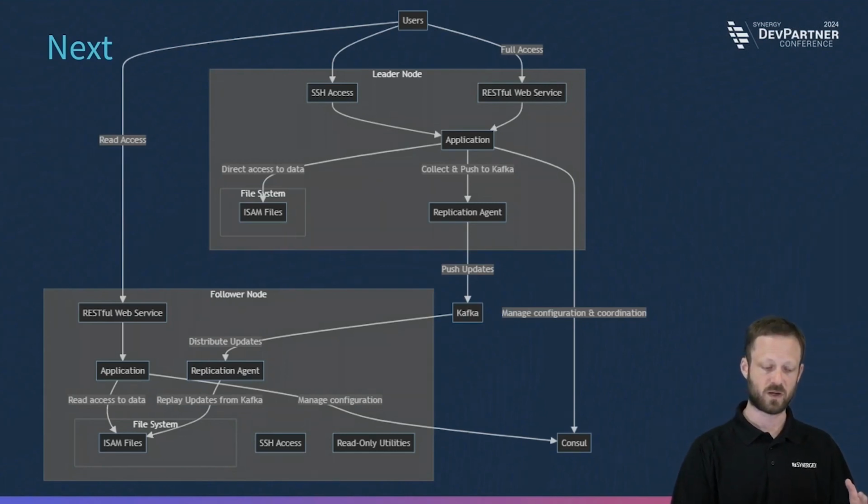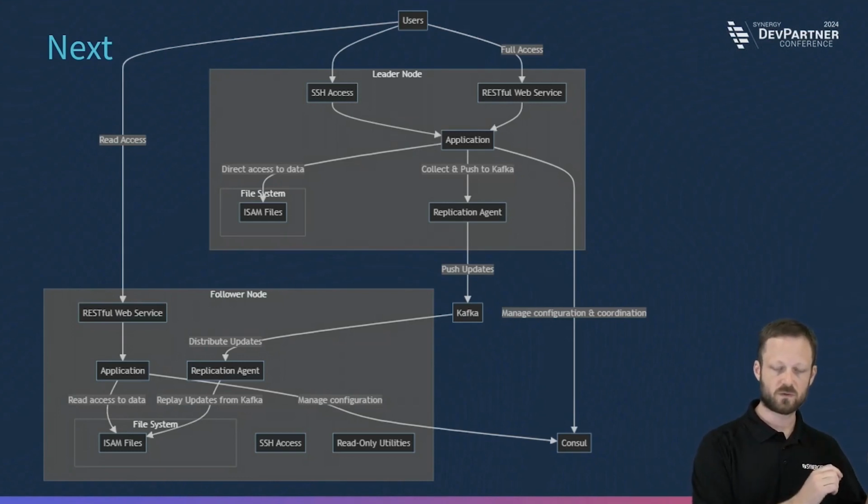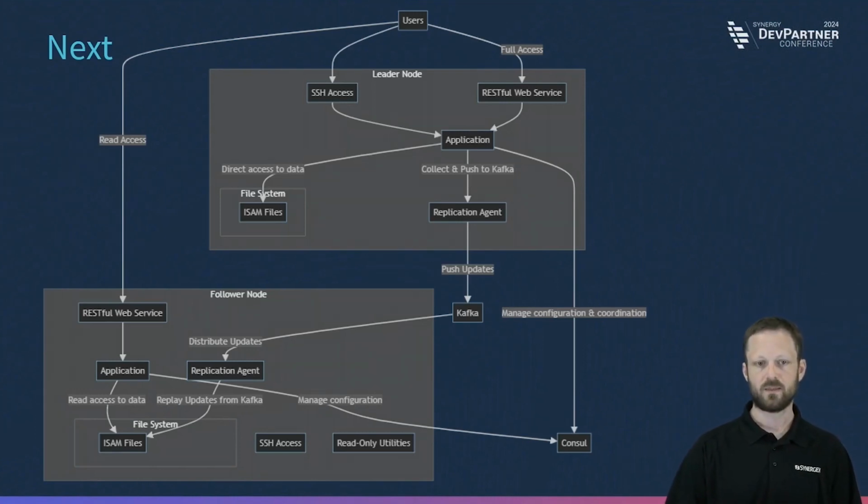So if you think about the SQL replication case, you have an application putting in updates, and then there's a process running over on the SQL server that takes those updates and writes them into the SQL server one at a time until it's run all the way through the queue. This is like that, except instead of replicating into a SQL server, we're replicating into ISAM files.